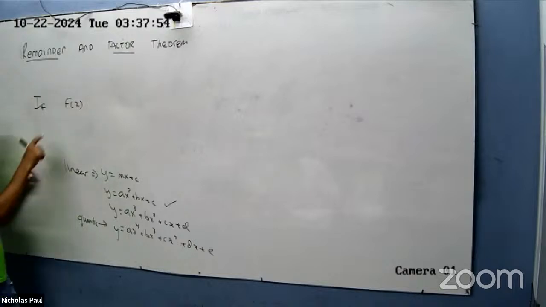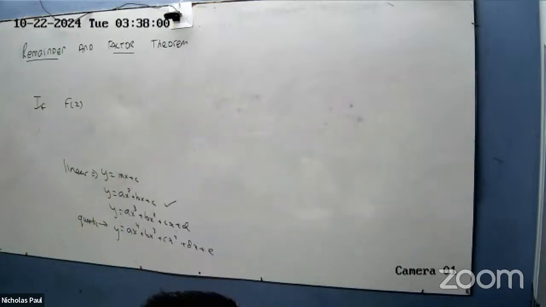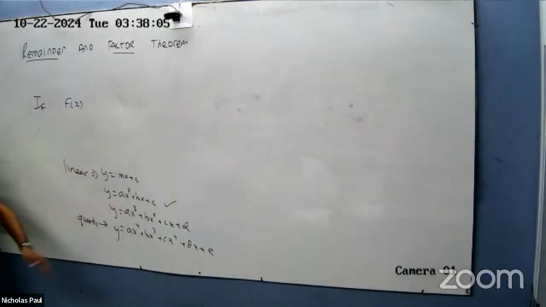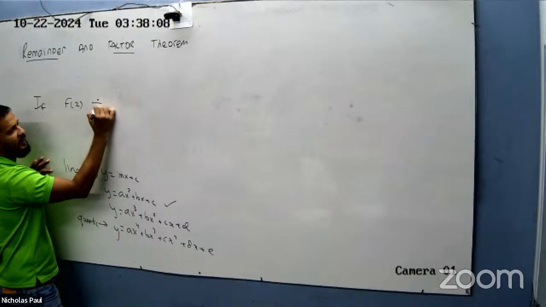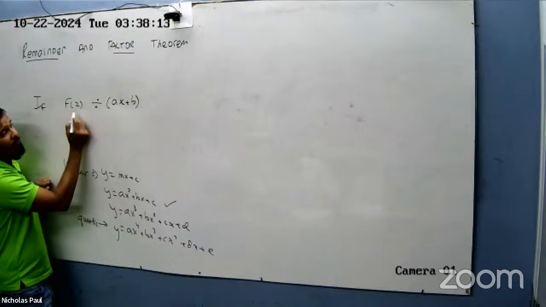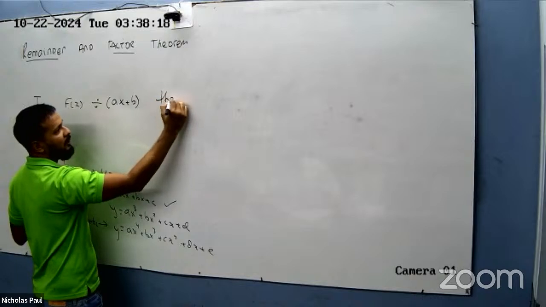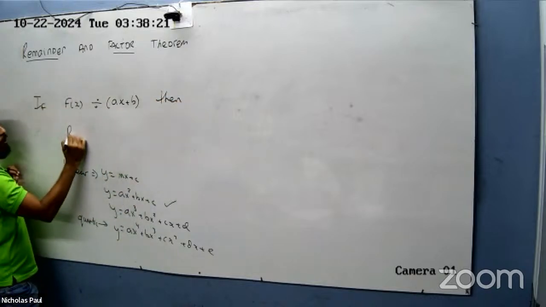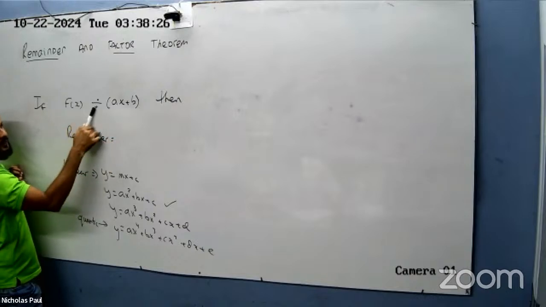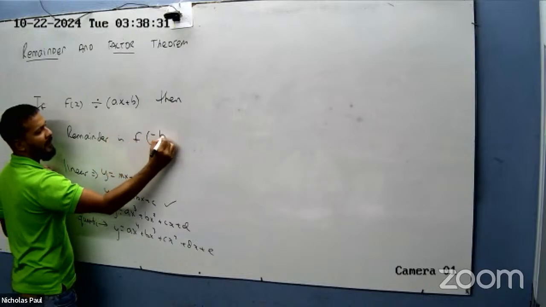Okay, so if I give you a function f of x, any one of these, and we divide f of x by some function ax plus b, there's a theorem called the remainder theorem that says the remainder of this divided by this is f of minus b on a.